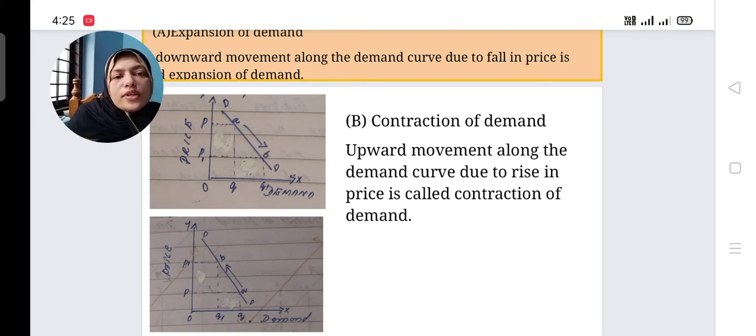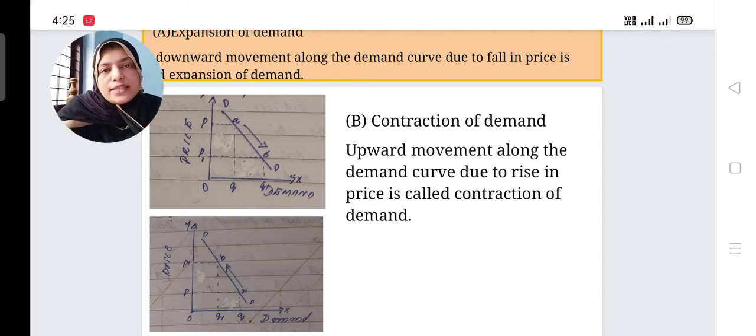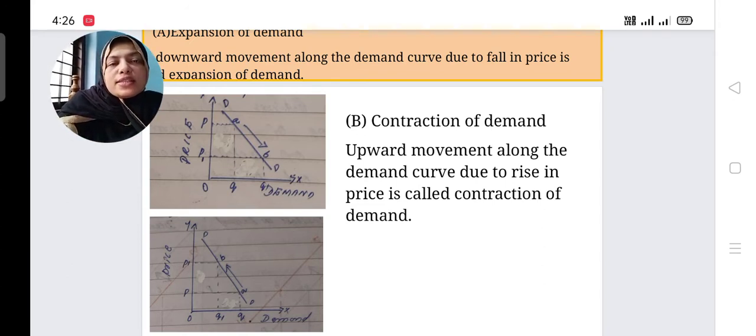In this first picture, OP means initial price, OQ means initial quantity. If price decreased from OP to OP1, then the consumer increases his quantity demanded to OQ1. So the movement from A to B is called expansion of demand.